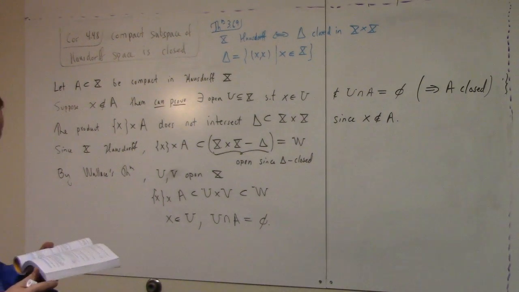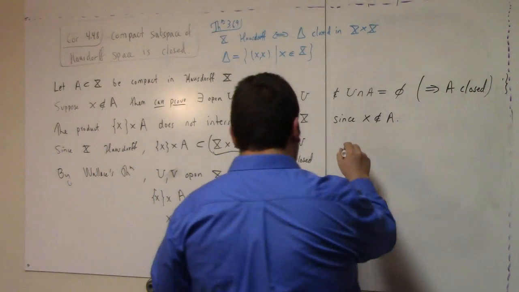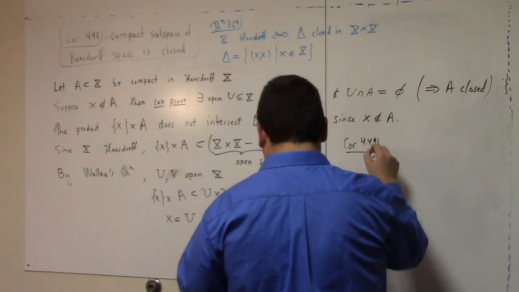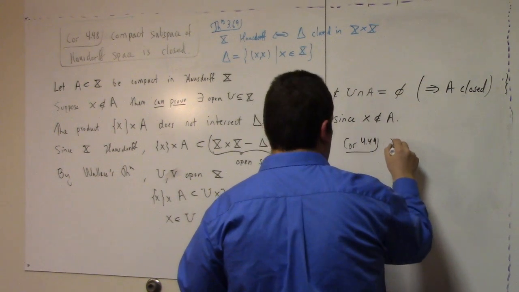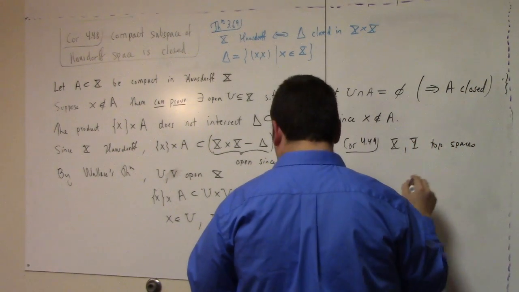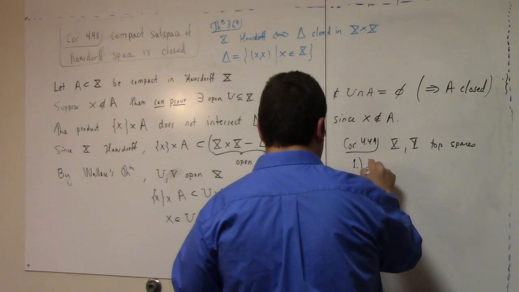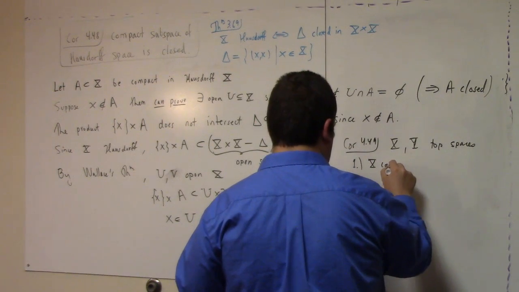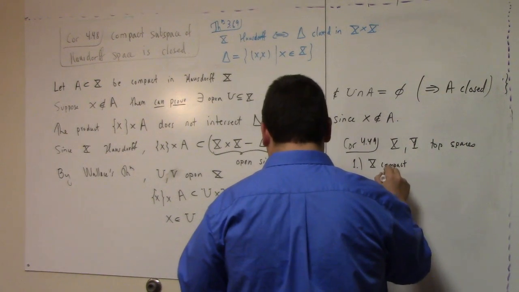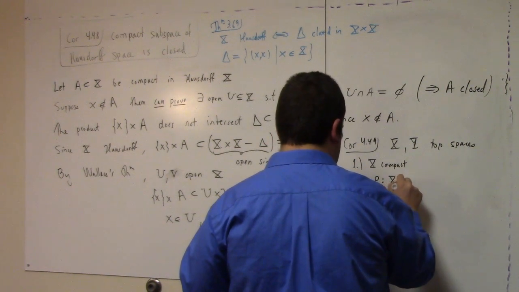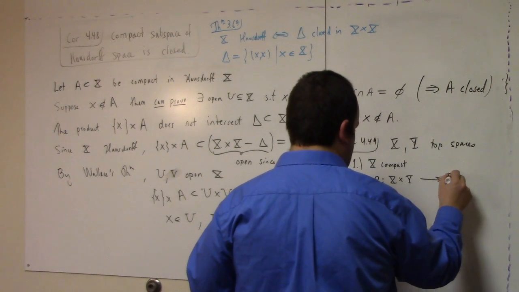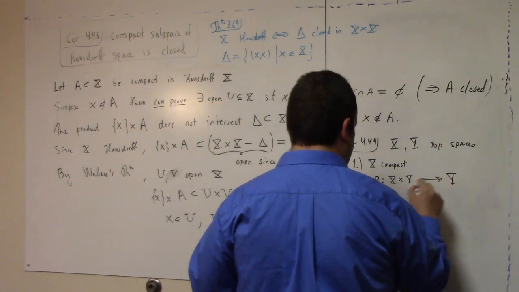All right, I'm going to move on to the next one here. Corollary 4.49. If we have X and Y topological spaces, and X compact, then the projection mapping from the Cartesian product X cross Y to Y is a closed map.